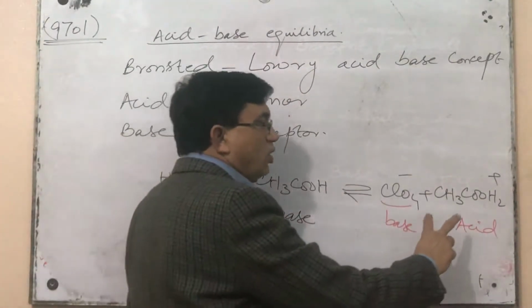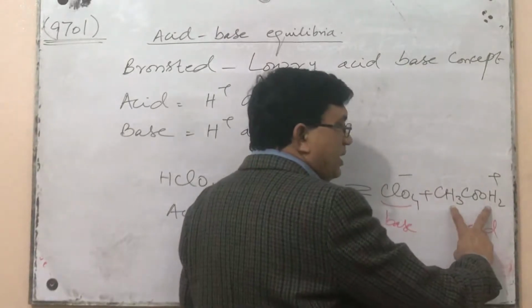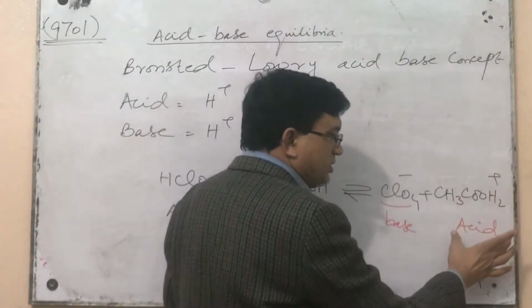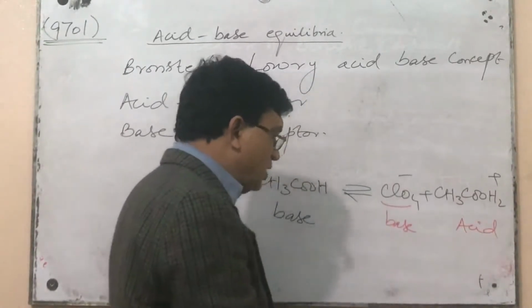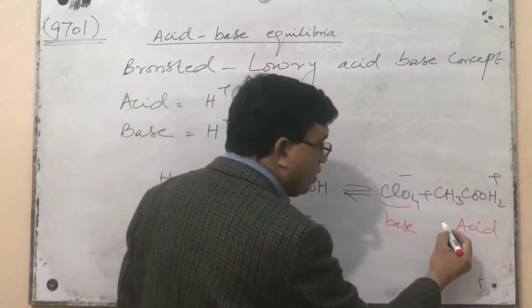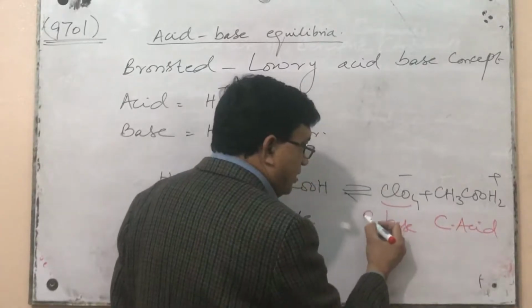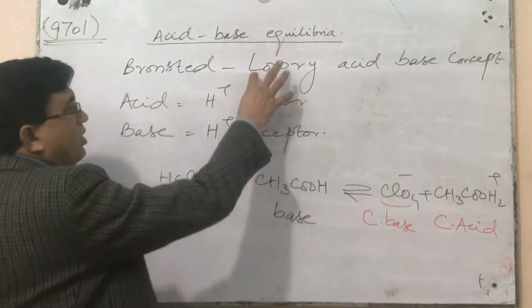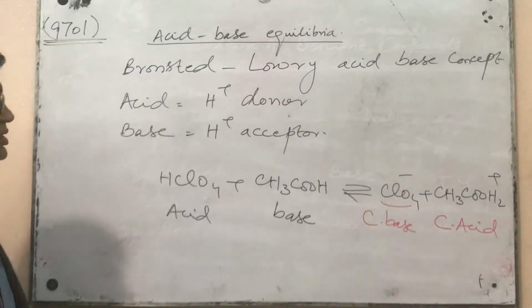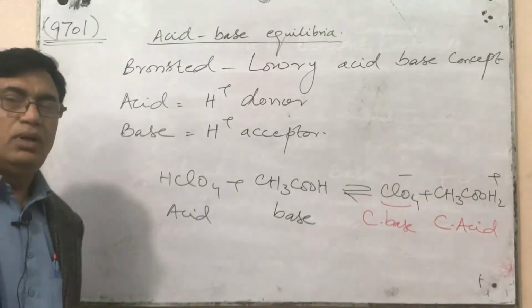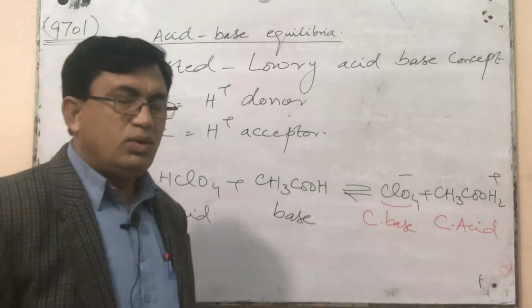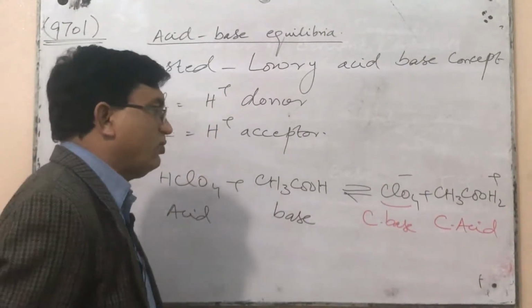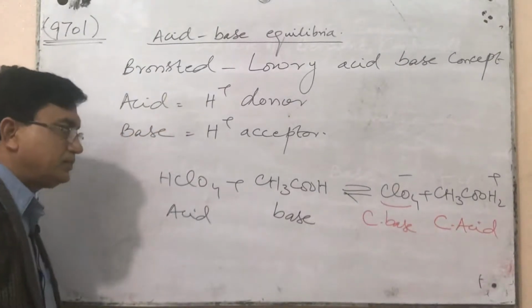It means that now the ability to give a proton is developed in this species. That's why it is changed into an acid. So this is also called a conjugate acid. All acids and bases according to the Bronsted-Lowry concept, after losing or accepting a proton, change into the respective conjugate base or acid.